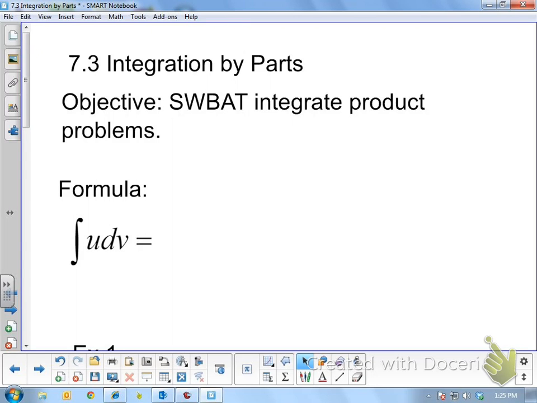Just like with u substitution, we picked one to be u. This time we're picking one to be u and one to be dv. And this formula will equal uv minus the integral of v du. And that is something we should memorize, so this is something we should make a note card for.